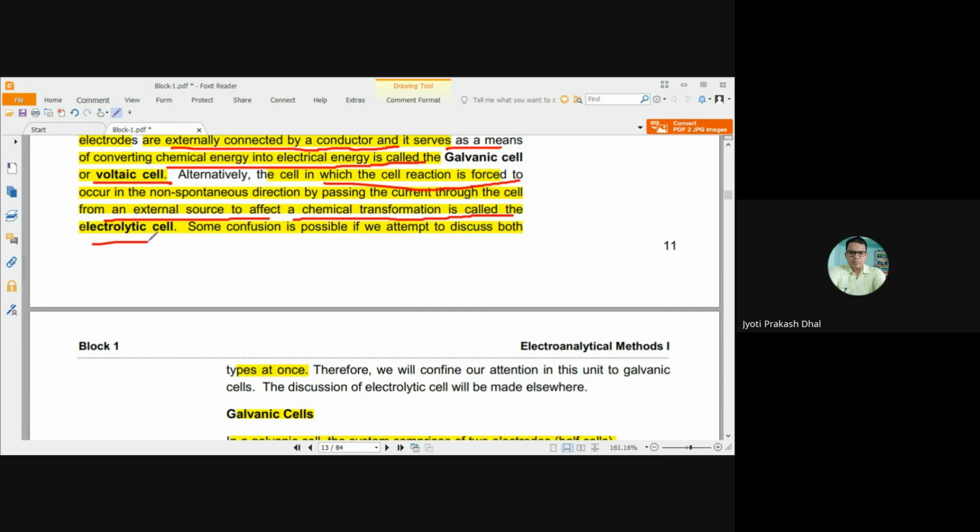In the second type, the electrolytic cell, you have to supply electrical energy externally, and due to that, a chemical reaction takes place inside the cell.